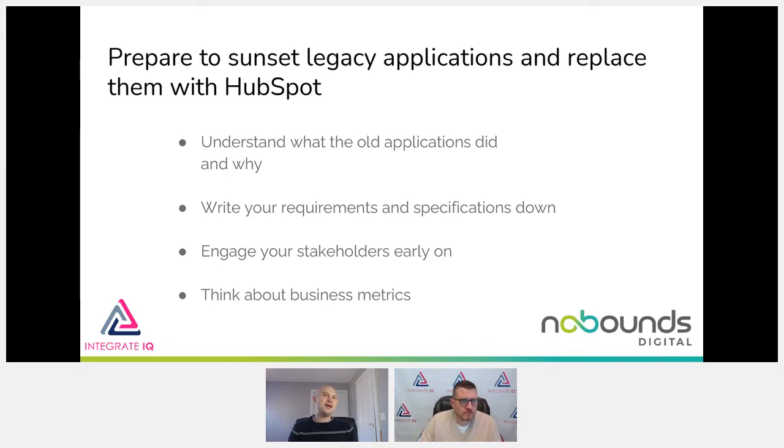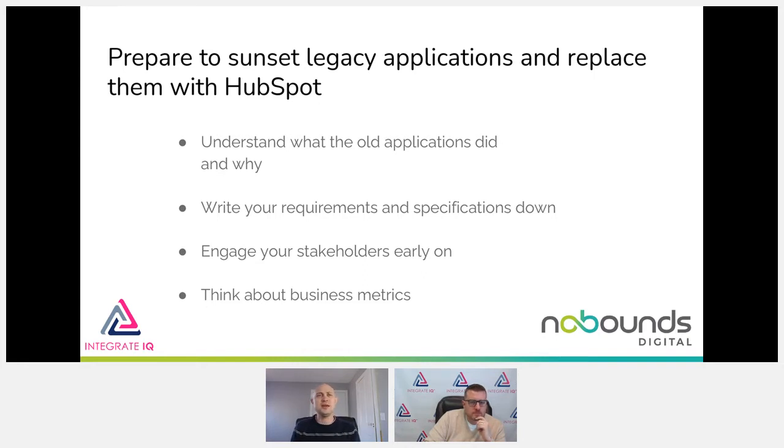We need to find those stakeholders and understand who is using what in those applications. Once you go through that process in preparing for a migration, you're going to better understand what your requirements and specifications are for a robust HubSpot instance, a robust platform for your enterprise.